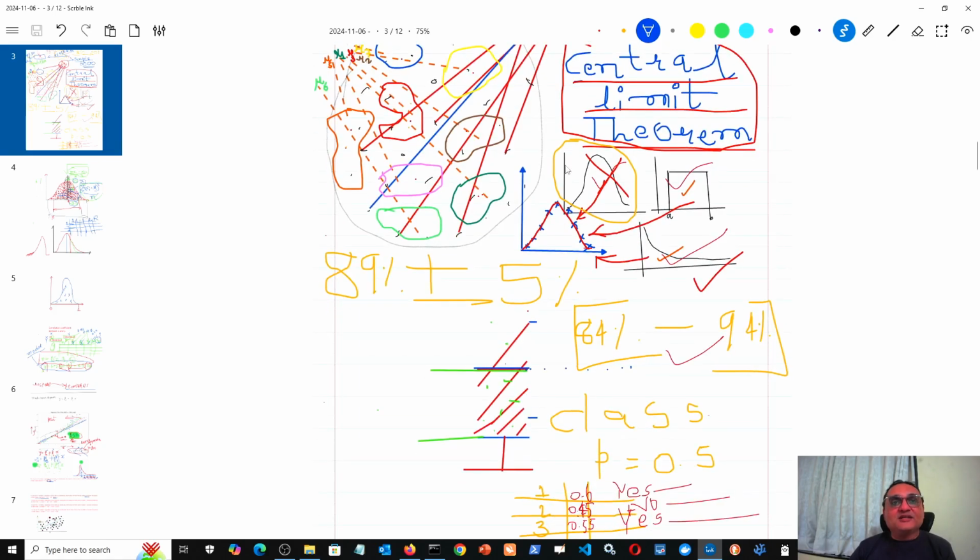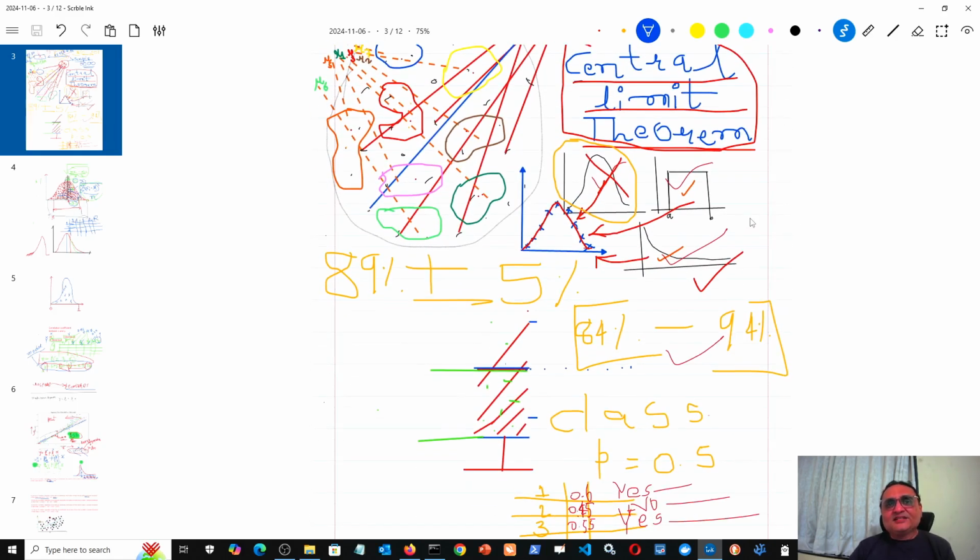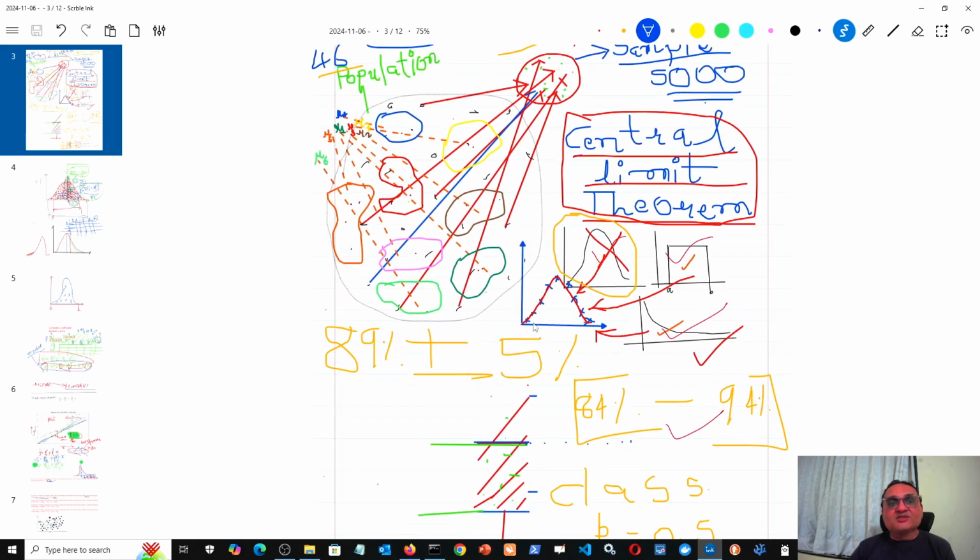The fourth condition is that the original population can have any distribution, normal or uniform or exponential or gamma distribution, etc. But some rare distributions, like the Cauchy distribution, which has infinite variance and infinite mean, will not give a bell curve when I find the distribution of means from various samples.